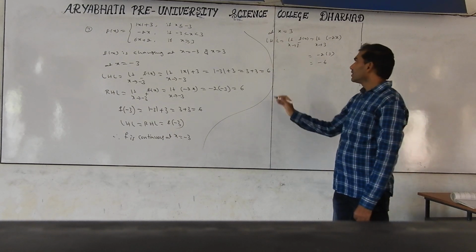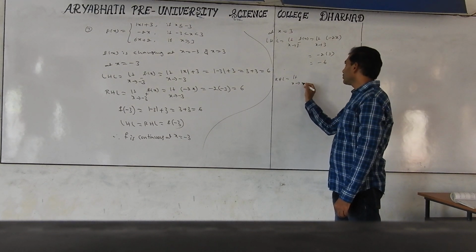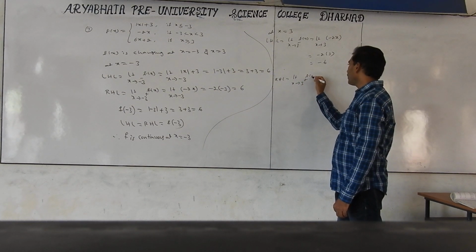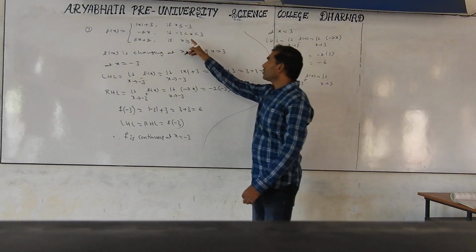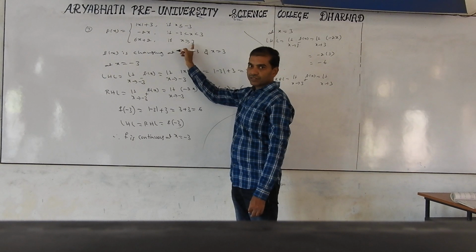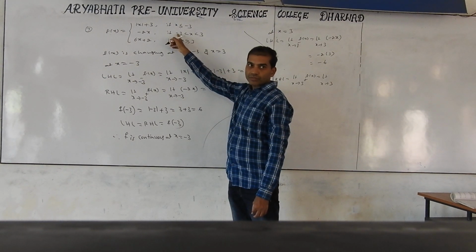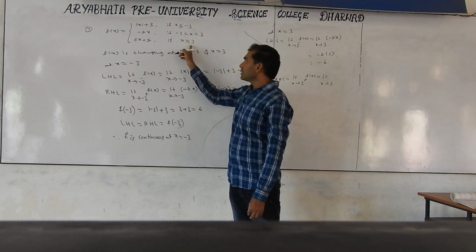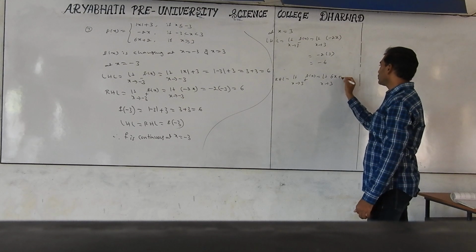That is the left limit. Next, the right limit, limit of x tends to 3 plus of f of x. Above 3 comes under this. This is below minus 3, and this is above 3. Above 3, take the function 6x plus 2.